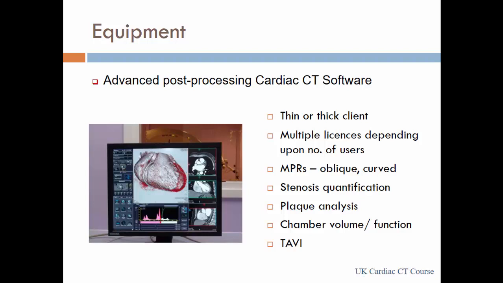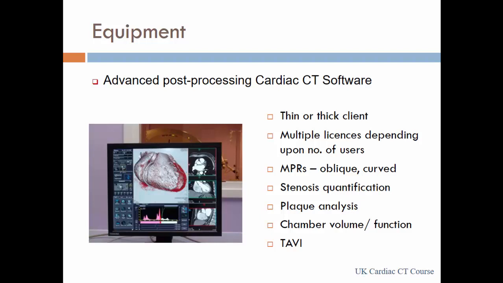These software can be thick client or thin client. Thick client are the ones that sit completely on the workstation, while thin client are the ones sitting on a server somewhere in the hospital, and you can access them through any of the PCs in the department or the hospital. So they are called thin client ones.